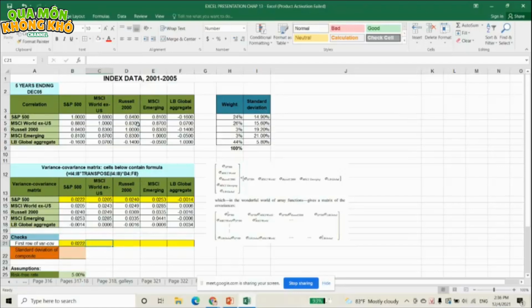We continue with the second cell: standard deviation of S&P 500 multiplied with MSCI World, and multiply with correlation. And the third cell, we take the standard deviation of S&P 500 multiplied with Russell 2000 and multiply with correlation.